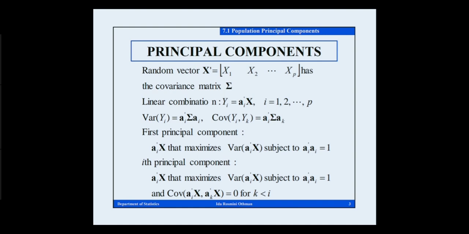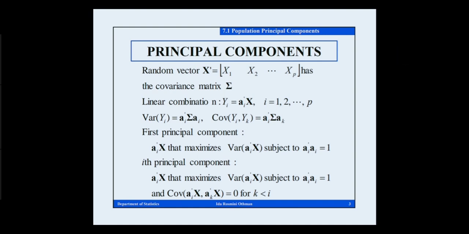Okay, so let's say we have a random vector X transpose, so we have the variables x1 until xp. And then we have the covariance matrix, big sigma.